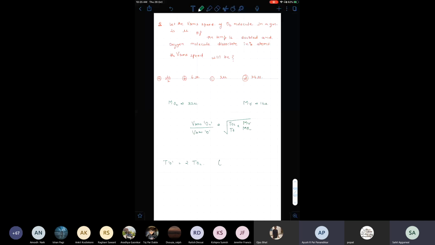Temperature is doubled and mass of oxygen atom is half of the mass of O2. We can put the values of both.